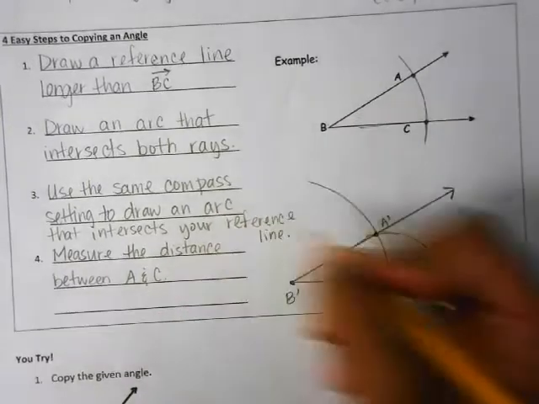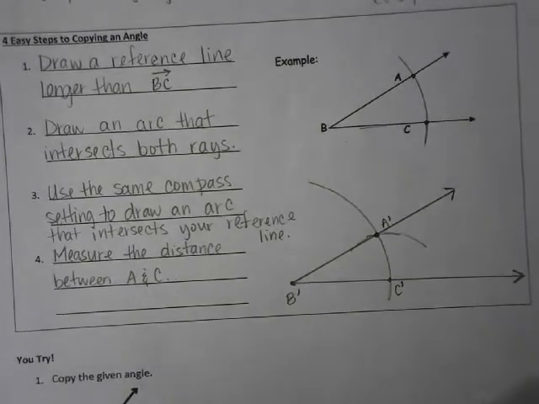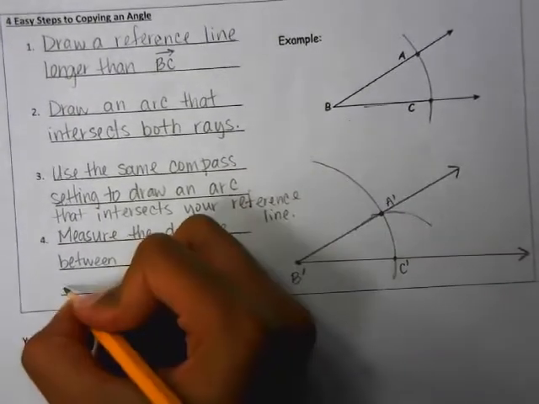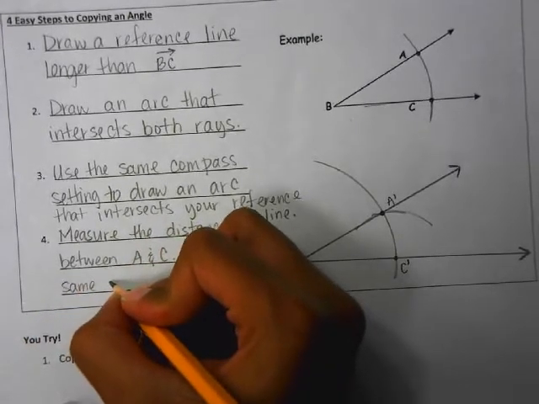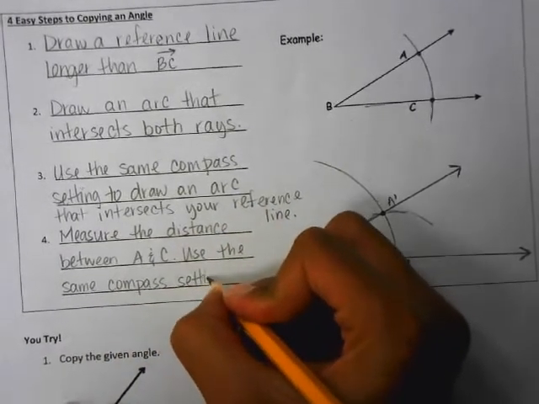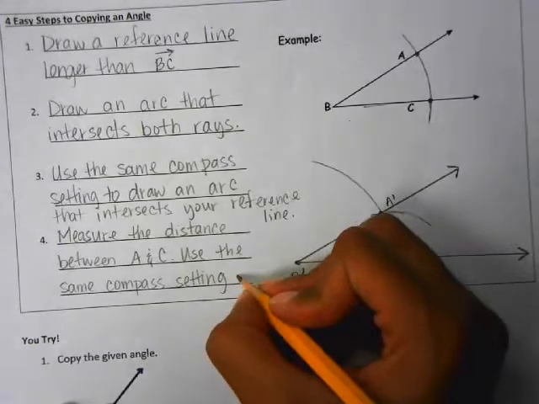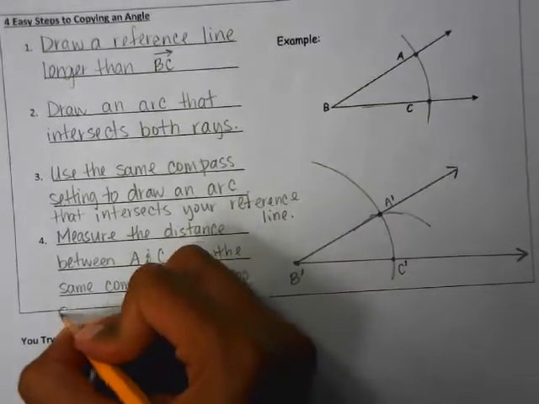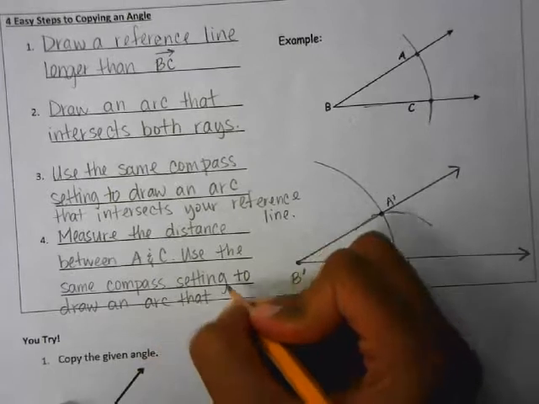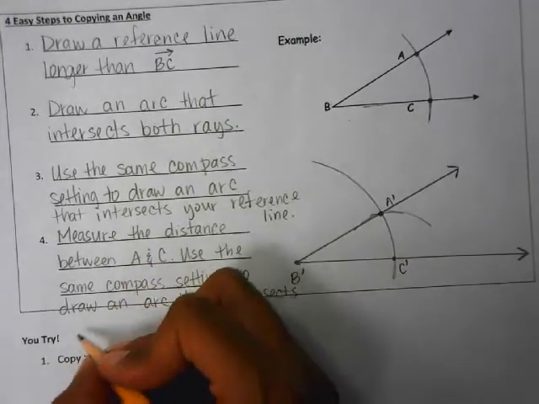Once we measured the distance between A and C using our compass, we use the same compass setting to draw an arc that intersects our first arc.